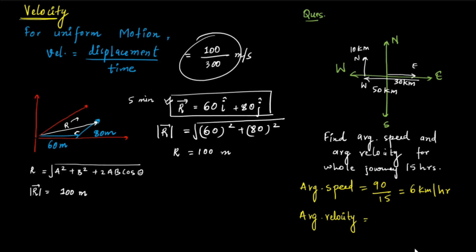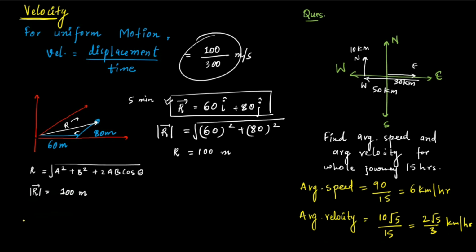So then the displacement would be square root of 10 squared plus 20 squared. So you got the answer then. Square root of 500 can be written as 10 root 5. So divided by 15, it's 2 root 5 by 3 kilometers per hour. That's all. This is what you have to do.